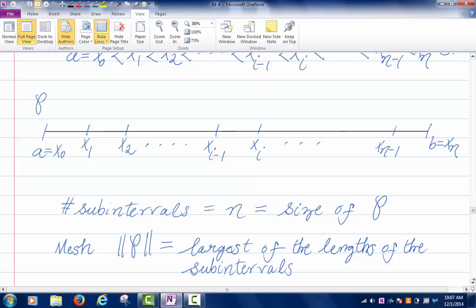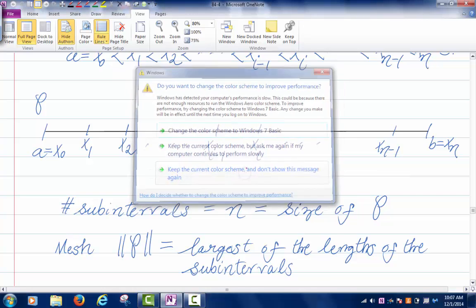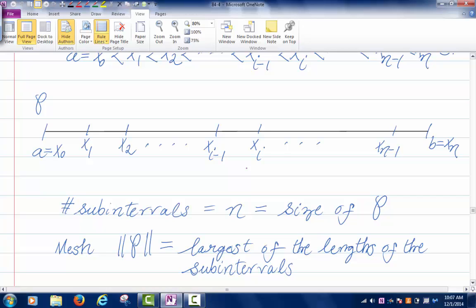The first subinterval is from x0 to x1. The second subinterval is from x1 up to x2. The third subinterval would be from x2 up to x3. Dot dot dot. The ith subinterval, interval number i, would be between xi minus 1 and xi, and dot dot dot, the last subinterval is between xn minus 1 and xn.